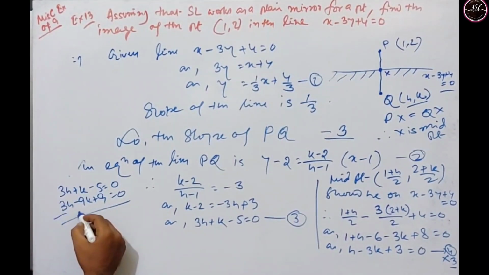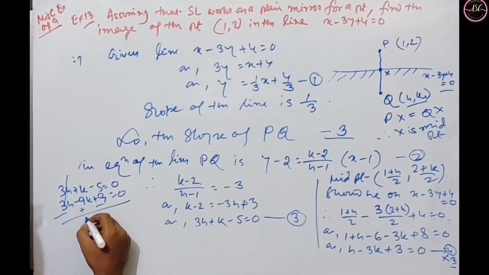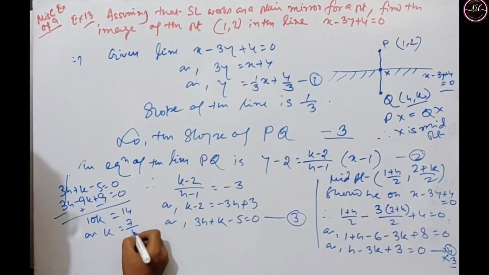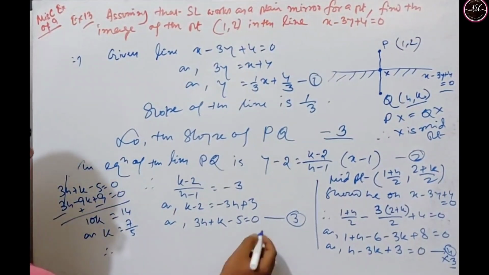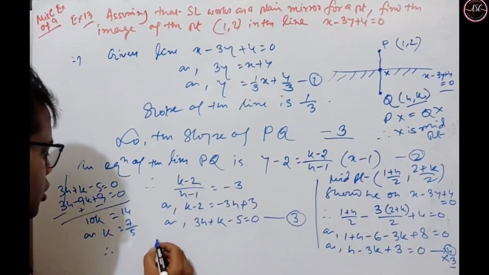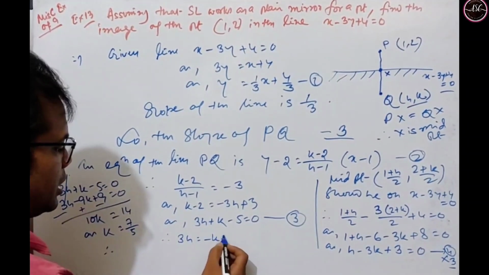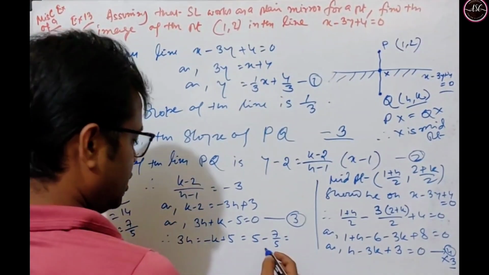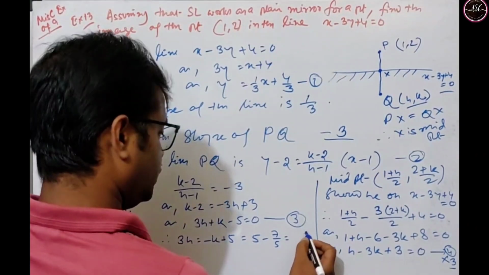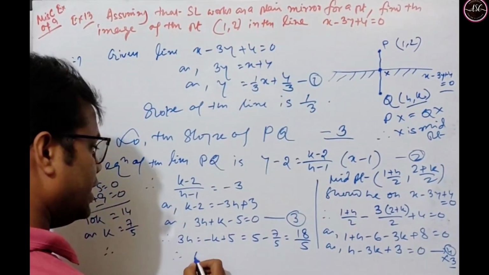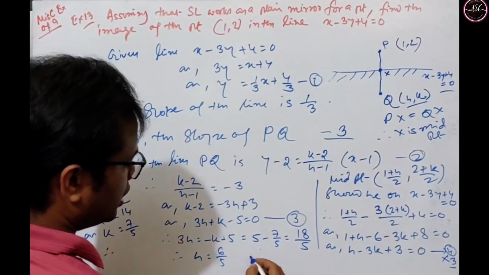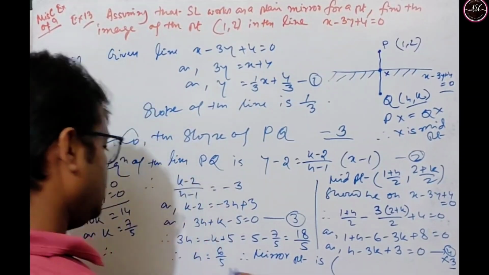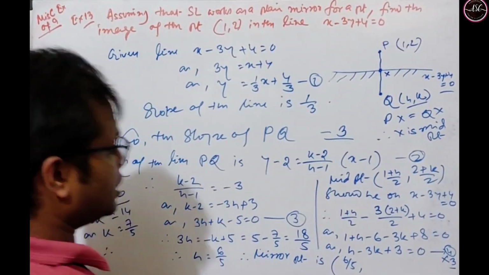If we subtract, 3h cancels out, and we get 10k equal to 14, or k equal to 7/5. Therefore, putting the value of k, 3h equals minus k plus 5, that means 5 minus 7/5, which is (25 minus 7)/5, 18/5. Therefore h equals 6/5. So the mirror point is (6/5, 7/5).